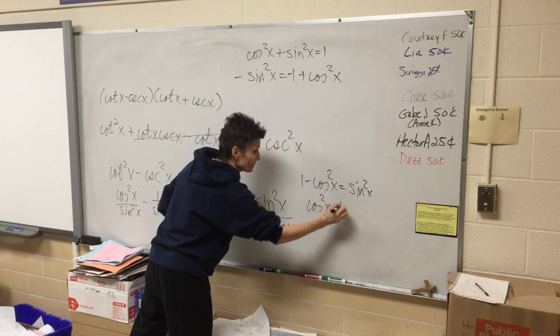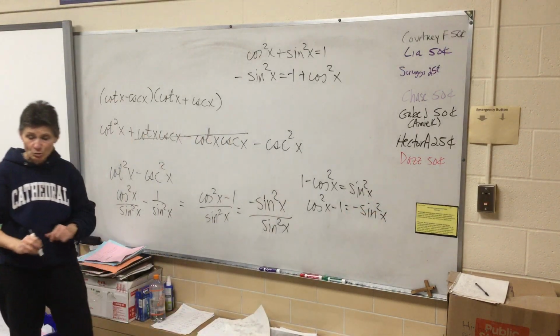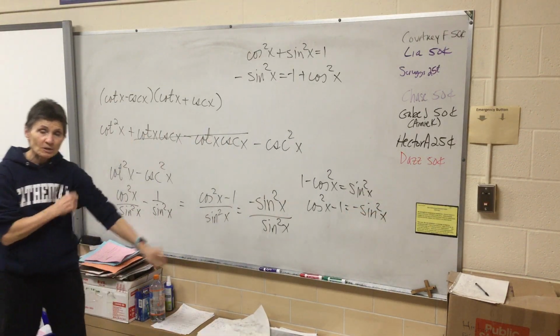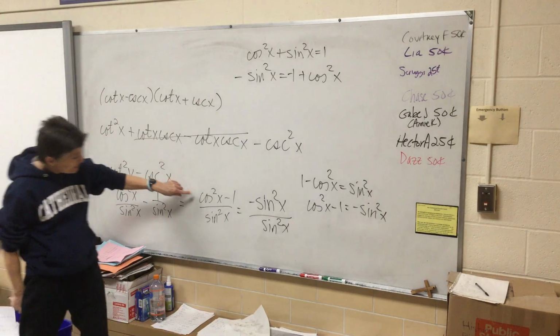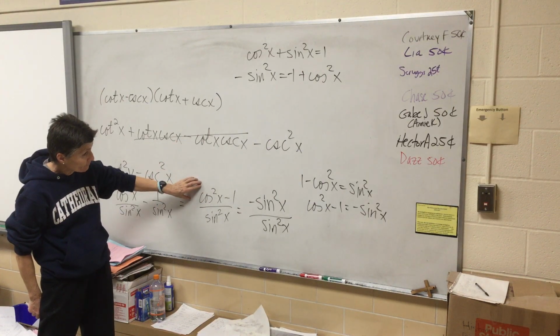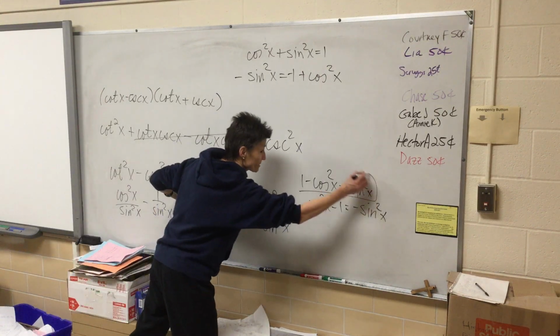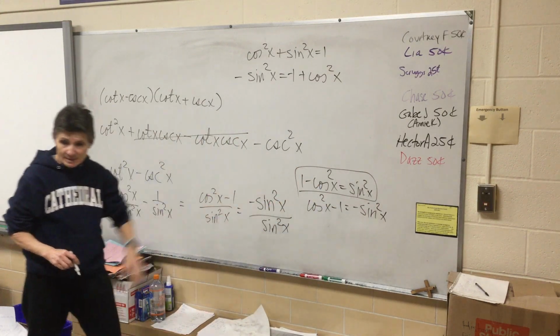When you turn it around and say cosine squared minus 1, you get negative sine squared. Thank you, Lindsay. Very good. Because it's backwards of what I have written on my sheet, it's negative sine squared.